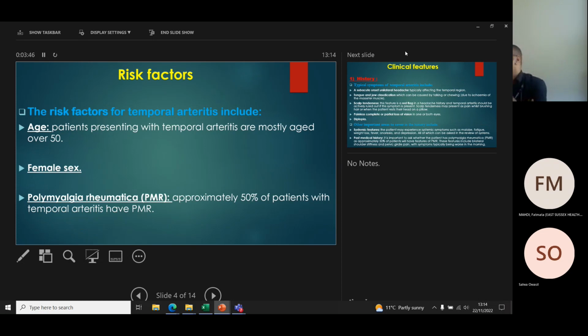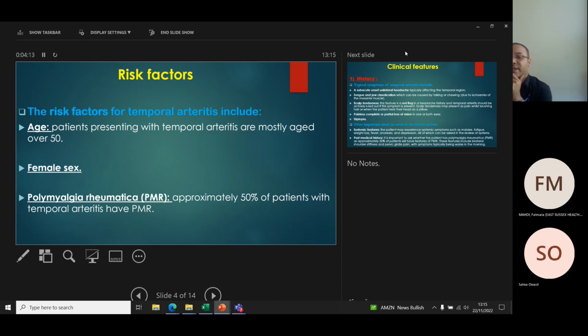What are the risk factors for giant cell arthritis or temporal arthritis? As we mentioned before, age is very important. More than 50 years old is the most common age group affected by this condition. Female sex, but that doesn't rule out that males can be affected as well; it's just more common in female patients. And it's also highly associated with polymyalgia rheumatica.